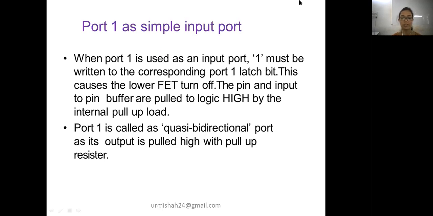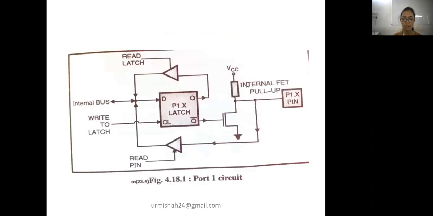If you want to treat port 1 as an input port, then you have to simply set 1 to the port, then it will be treated as an input port. Here the FET in the lower section will turn on. FET is your field effect transistor. In the diagram, this is your lower FET, and in the previous diagram an upper FET was also there, but here in port 1 we have only one lower FET, and on the upper side we have a pull-up register.